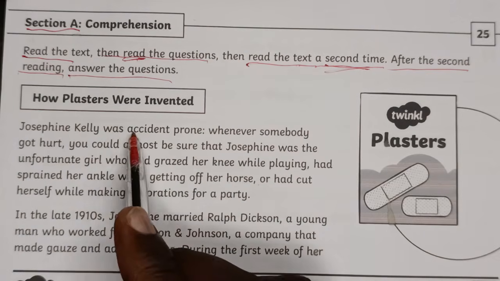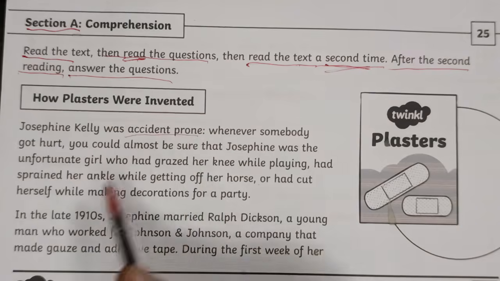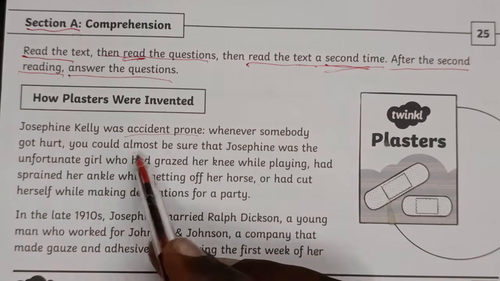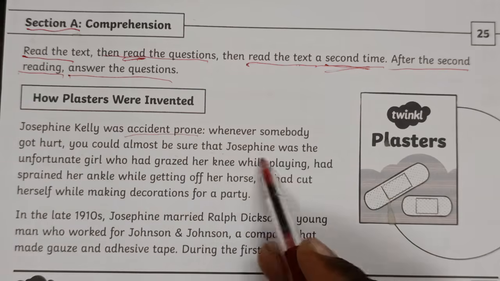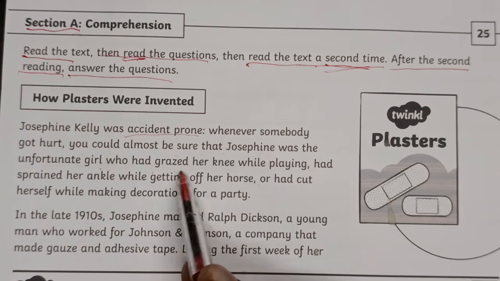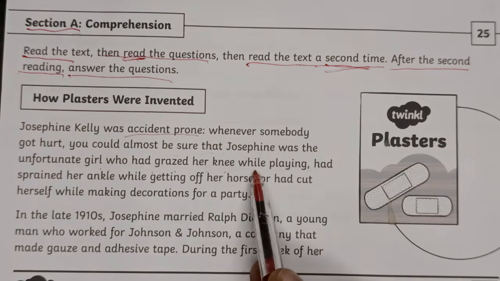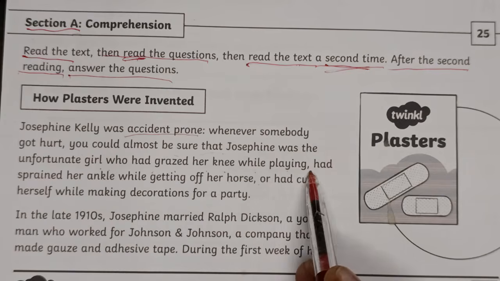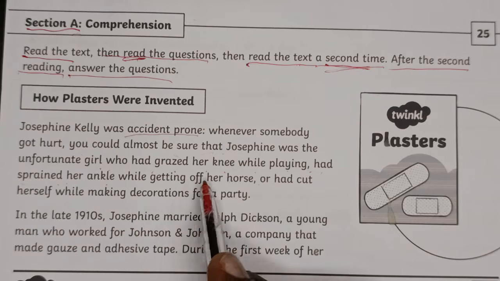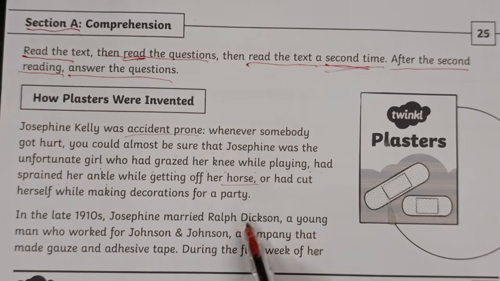Josephine Kelly was accident prone. Whenever somebody got hurt, you could almost be sure that Josephine was the unfortunate girl who had grazed her knee while playing, had sprained her ankle while getting off her horse, had cut herself while making decorations for a party.